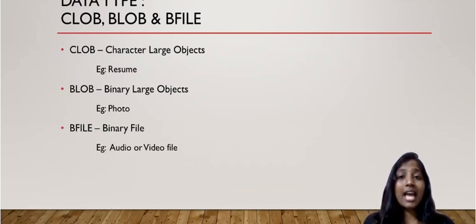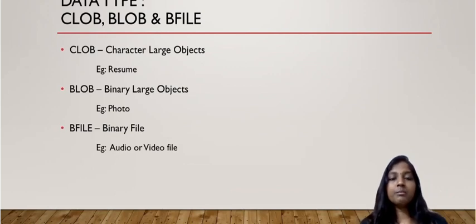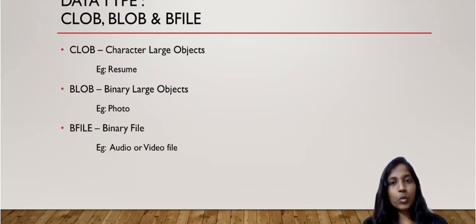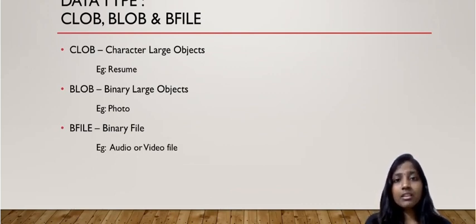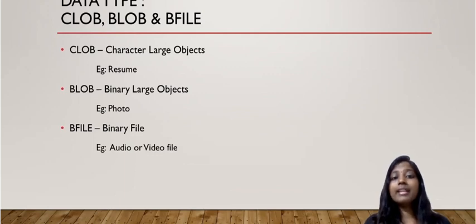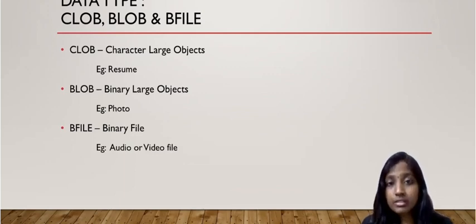CLOB is nothing but character large object. BLOB is binary large object, and B file is binary file. Okay, so for character large objects, I have given an example of resume. Resume is going to hold all the character values. It's a quite big text format, right? So for binary large object, I have given an example as photo, means images.